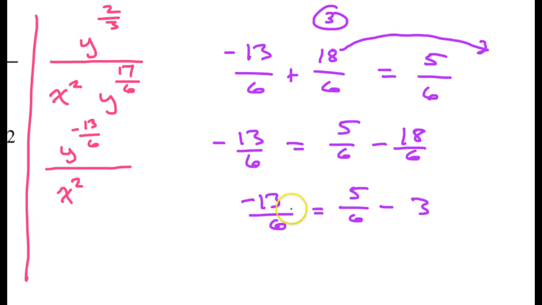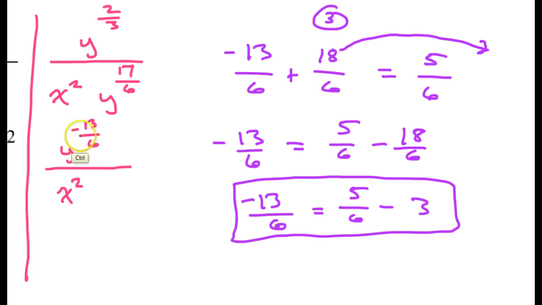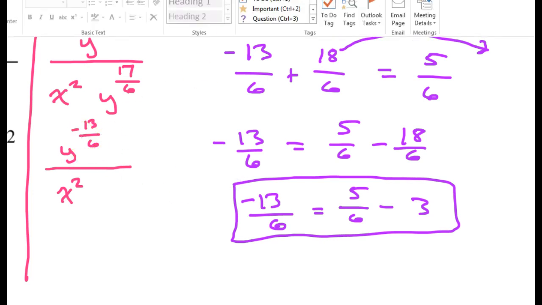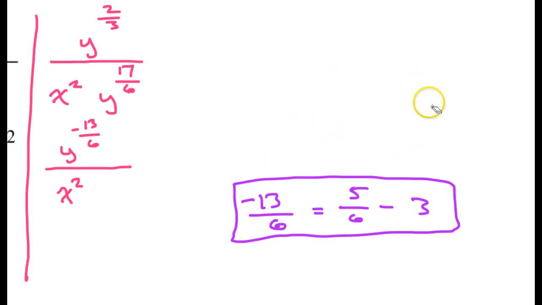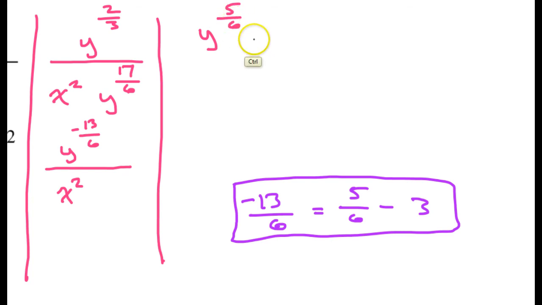So let's use this fact in order to rewrite the y part of the expression. For example, instead of having y to the negative 13 over 6, couldn't I write this as y to the 5 over 6 times y to the negative 3 power?